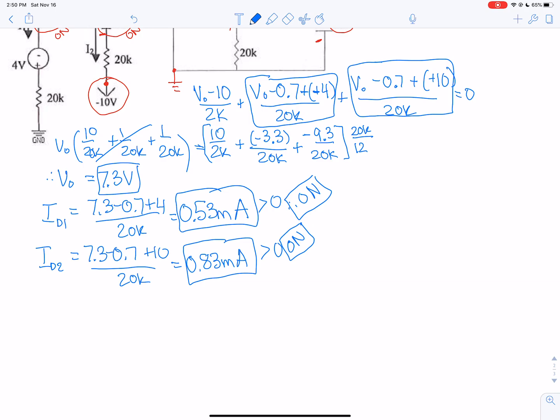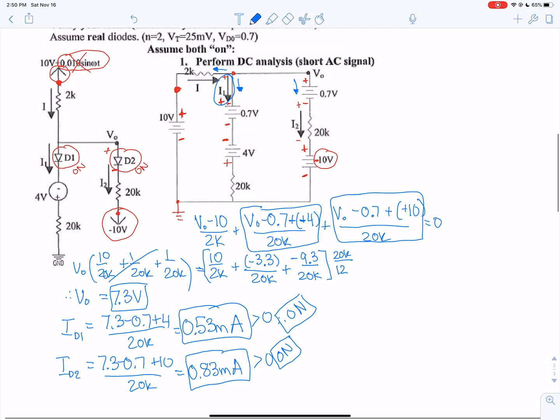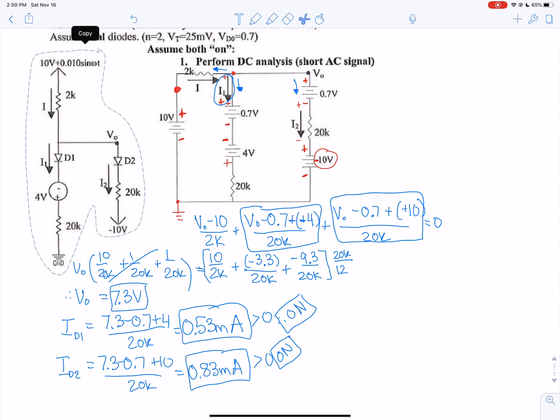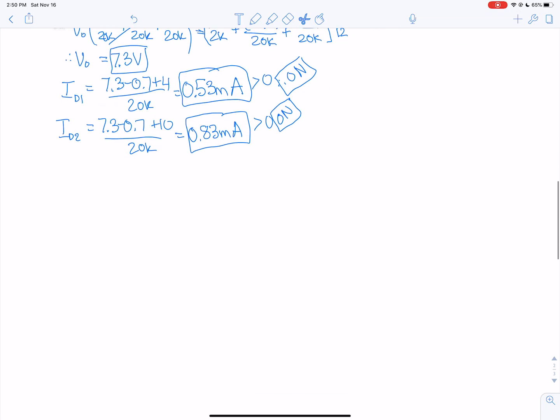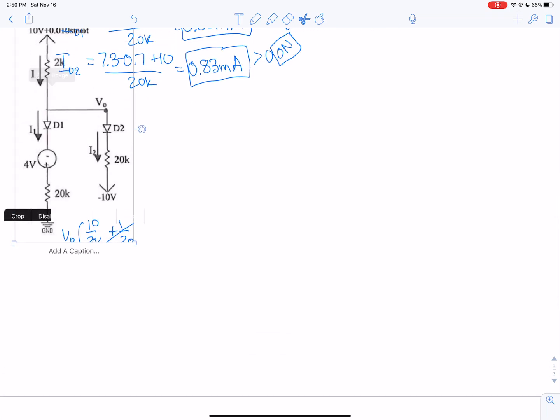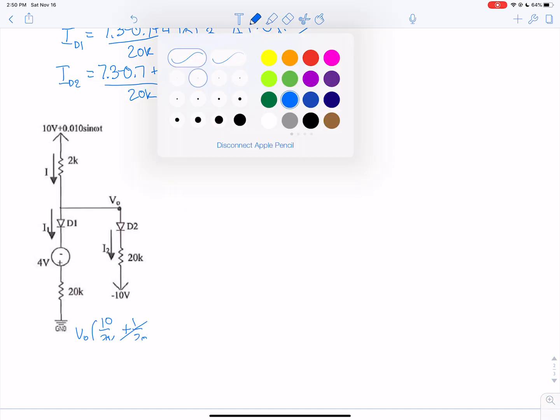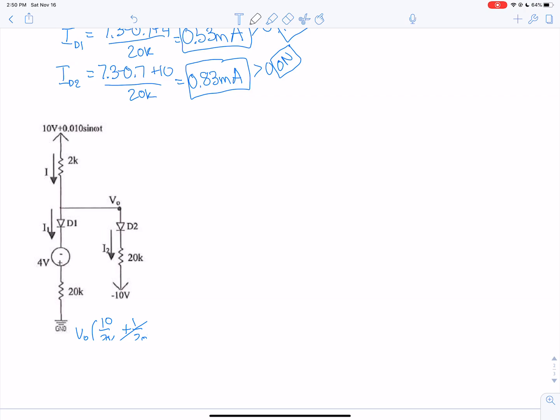Now we need to move to the AC solution. For the AC solution, I'm going to copy the circuit, and we're going to now leave in the AC source and remove the DC. Removing the DC means that it will go to 0.